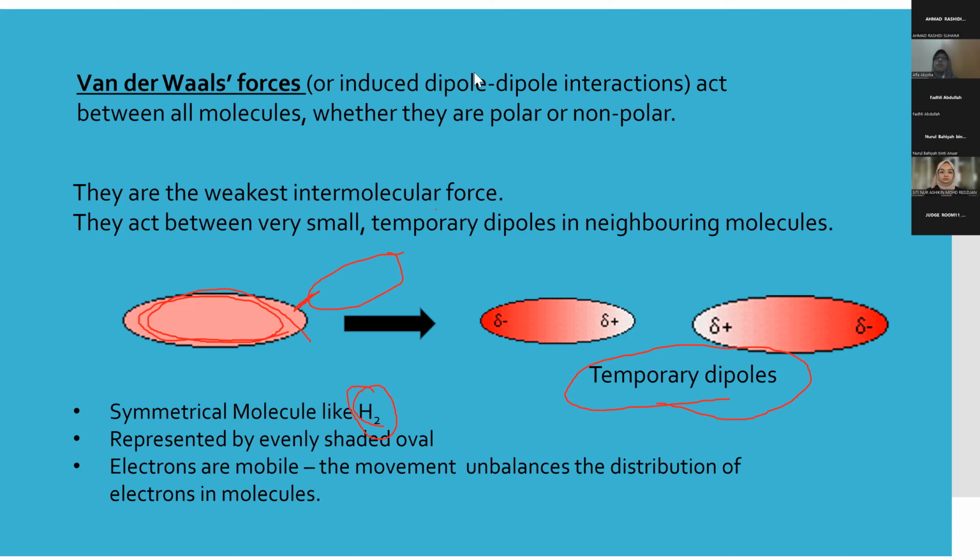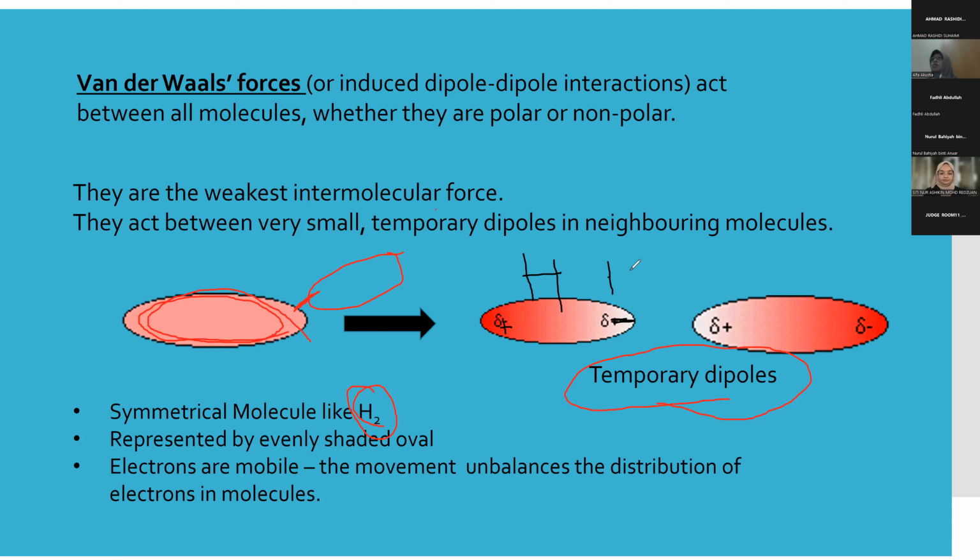Okay, I change this image like that. This is partial positive, and this is partial negative. This is a hydrogen with temporary dipole.